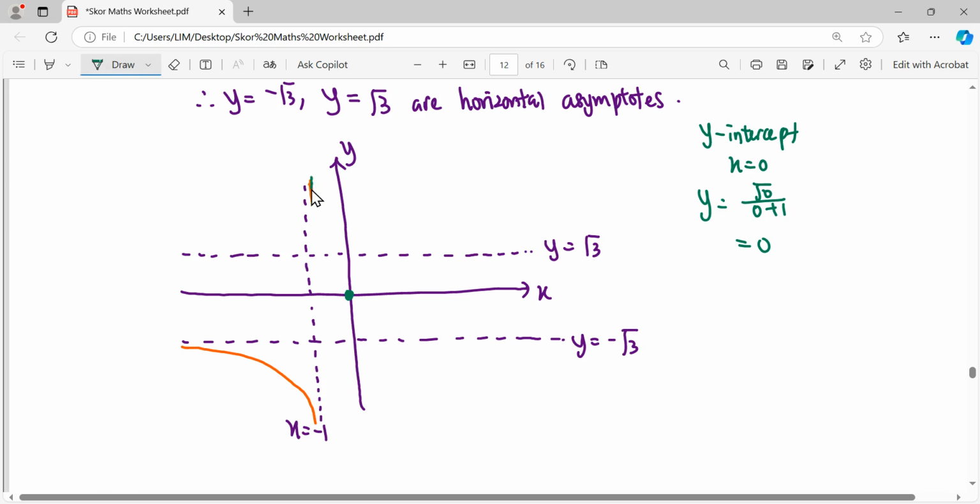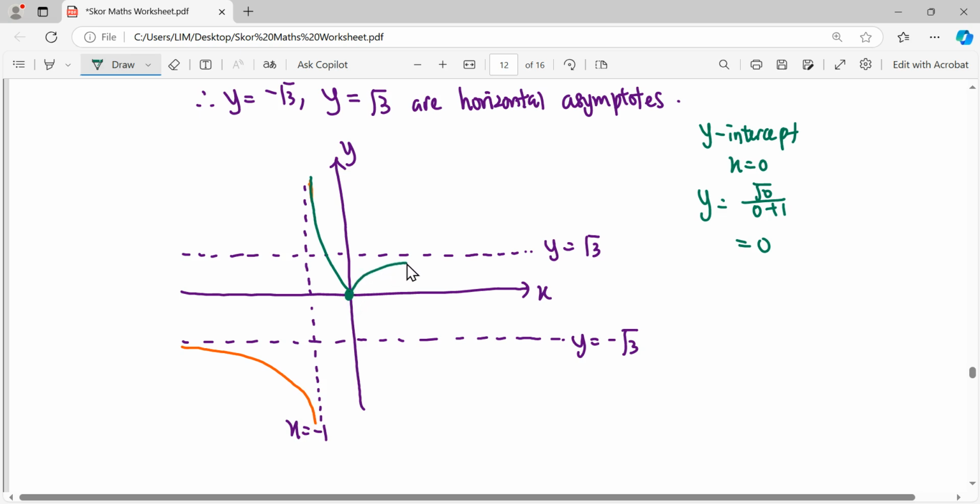Therefore, this graph needs to go to the intersection point first, then approach. So here will be our concern. How will the curve approach surd 3?